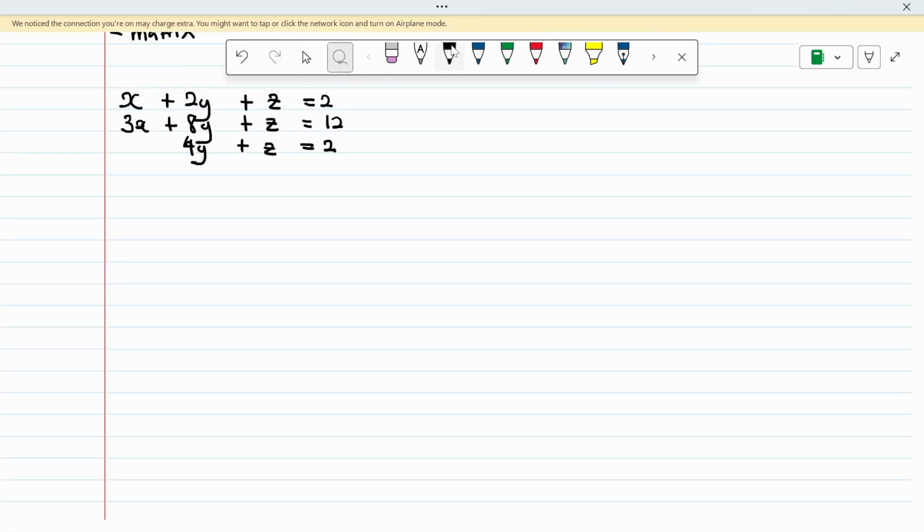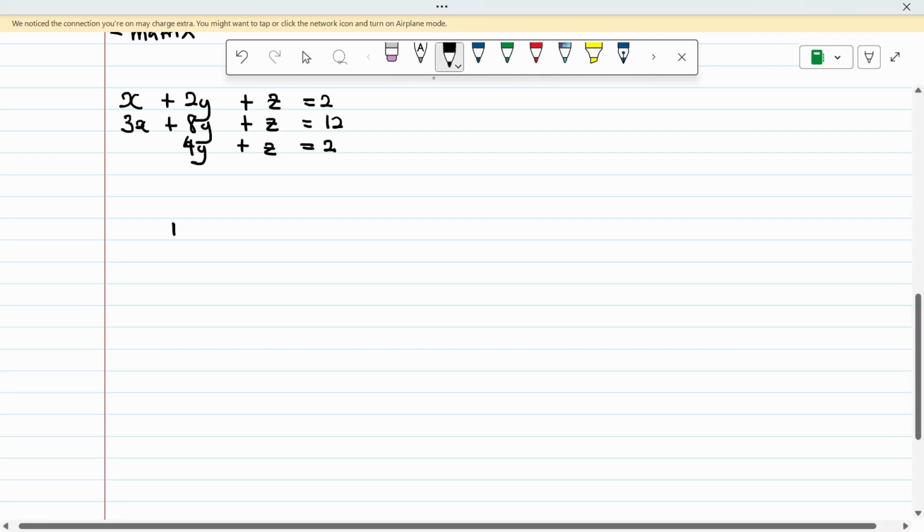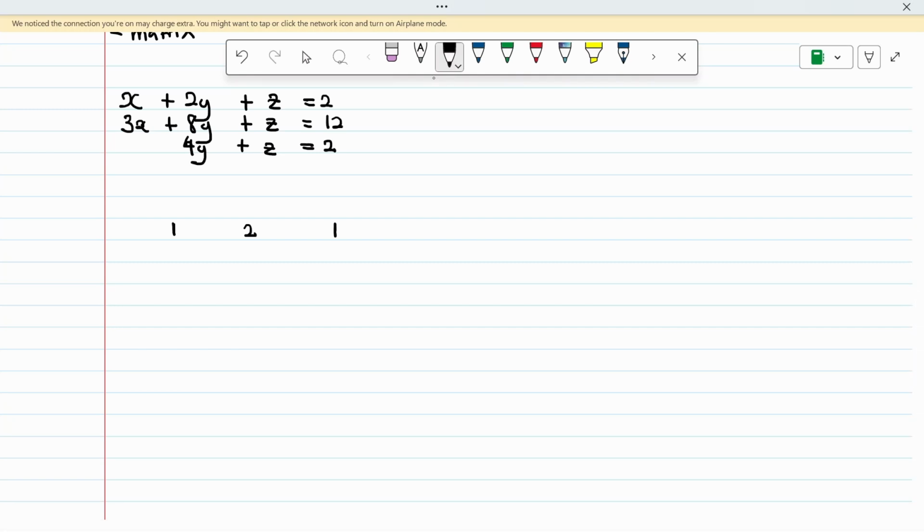This equation can be represented in this form, where we have our matrix. We get the matrix from the coefficients of all the unknowns. The coefficient of x here is 1, here is 2, and z is 1. Then x here is 3, y here is 8, z here is also 1.